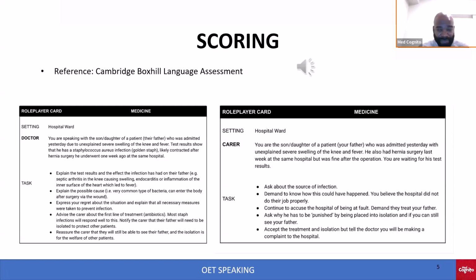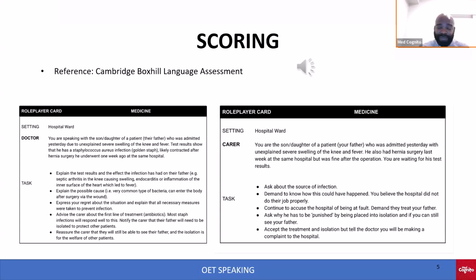The infection has caused septic arthritis in his knee, which resulted in the swelling. Unfortunately, the same infection has also resulted in endocarditis, which is inflammation of the inner surface of the heart, and that's what's caused his fever. Does that all make sense? Yes, but it sounds very serious. Where did this staph infection come from?